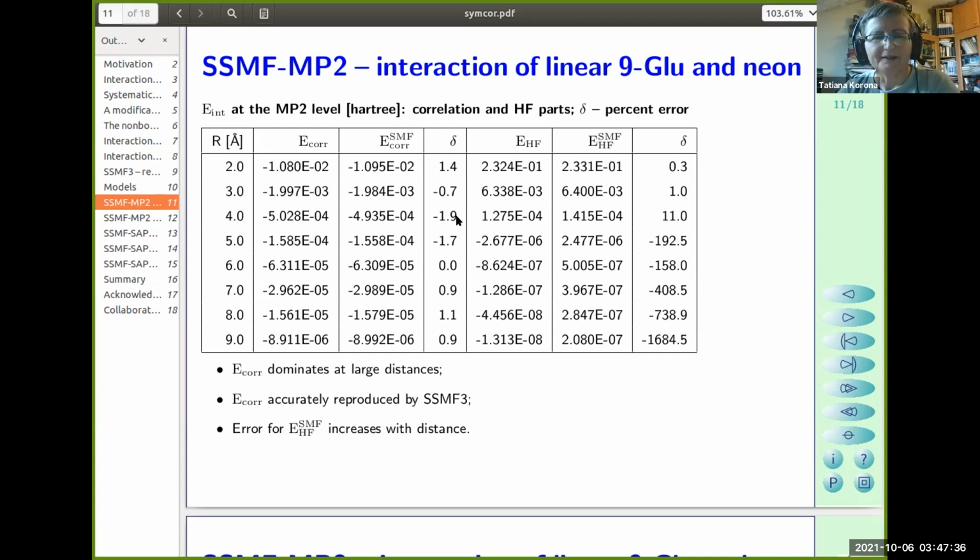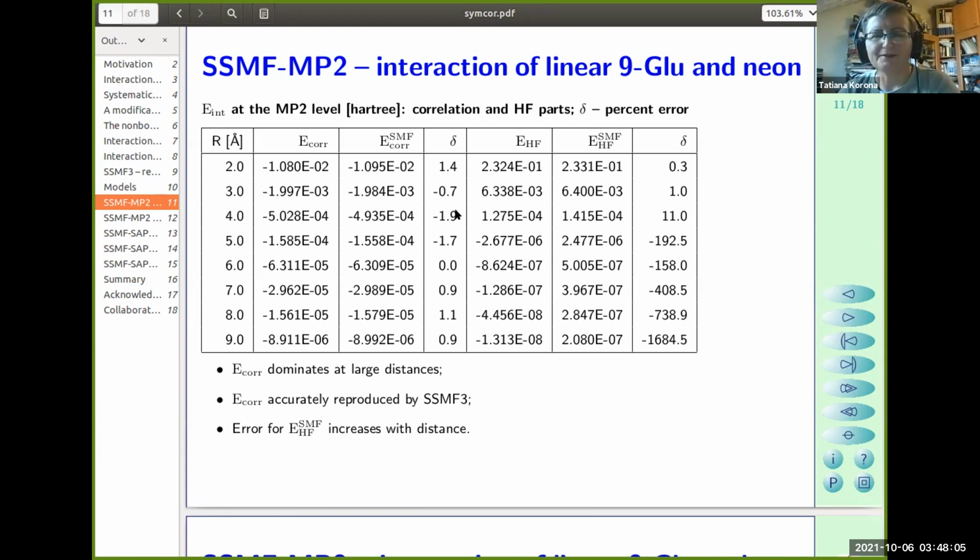I think that errors of this size should be accepted for methods like systematic molecular fragmentation, because this is actually the disadvantage of such a method, that we are not supposed to converge to the exact value.